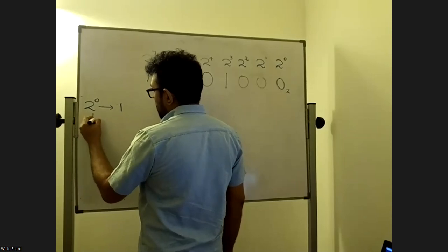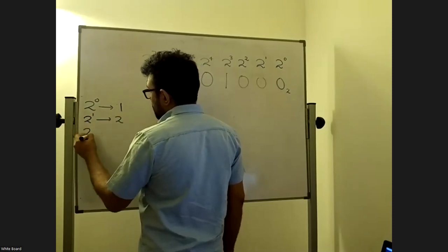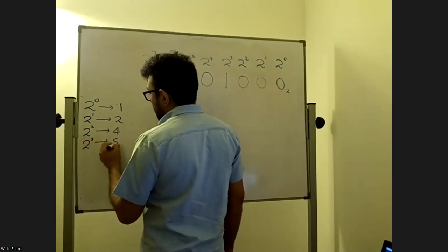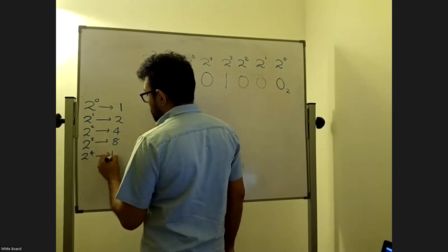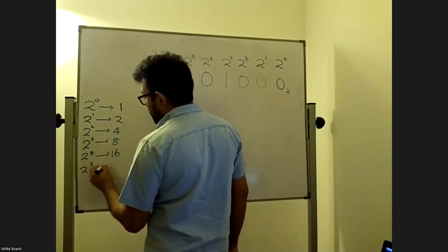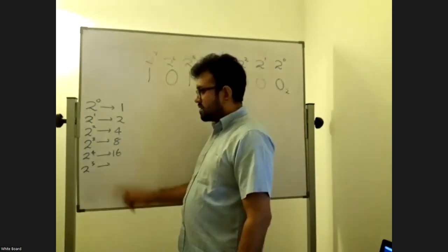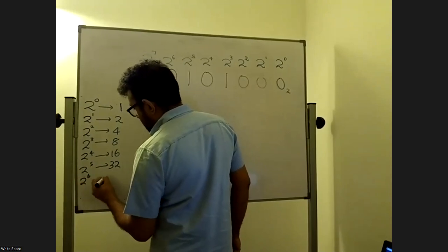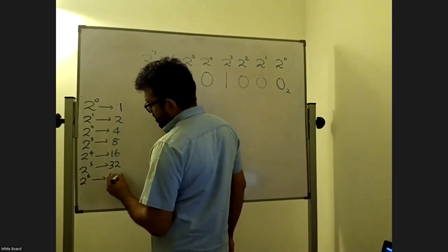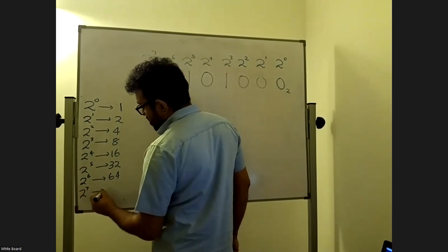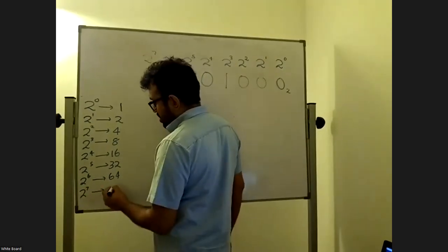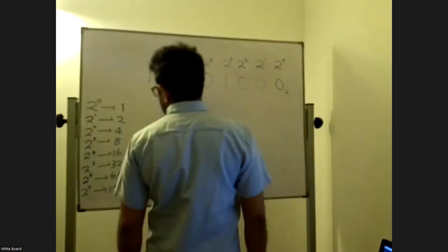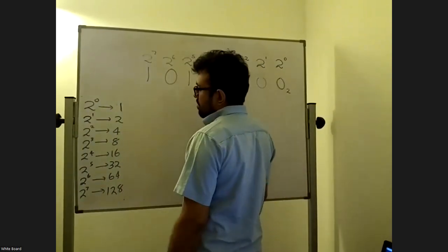Then 2 to the power 1, 2; 2 to the power 2, 4; 2 to the power 3, 8; 2 to the power 4, 16; 2 to the power 5, tell me, what is this? 32. 2 to the power 6, 64. 2 to the power 7, 128. Once you have these values, we write them like this.